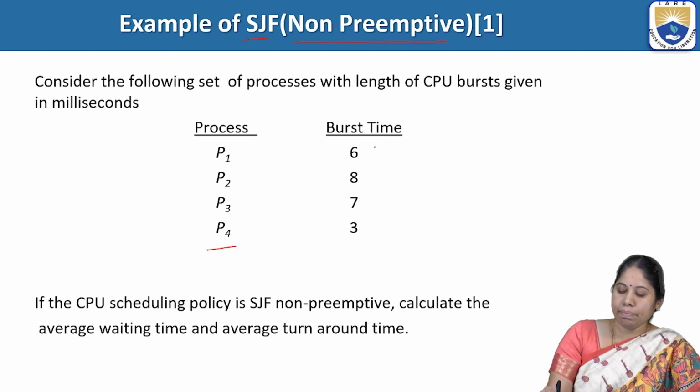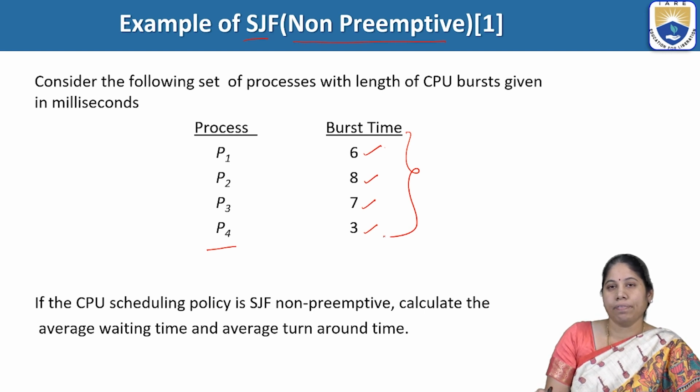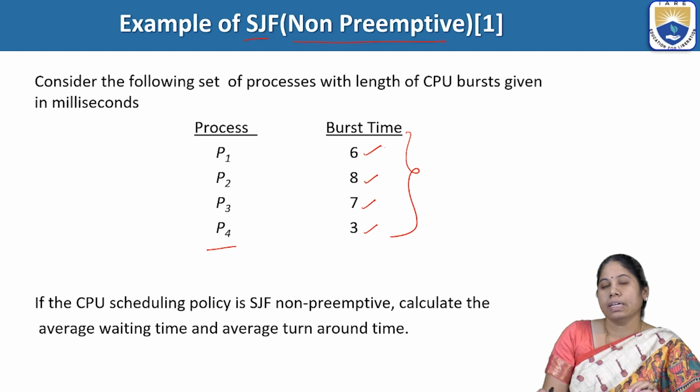What is the burst time of the four processes? P1 has 6, P2 has 8, P3 has 7 and P4 has 3 milliseconds of burst time. Burst time is nothing but the execution time of a process, meaning the process will take the CPU for the execution of instructions, right?